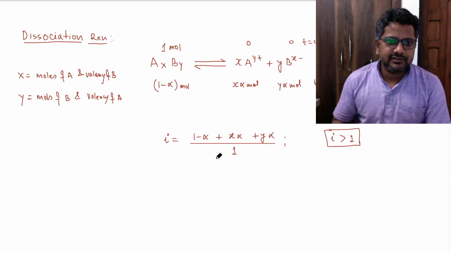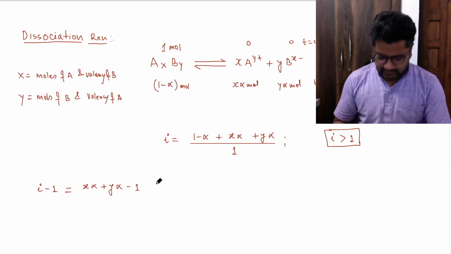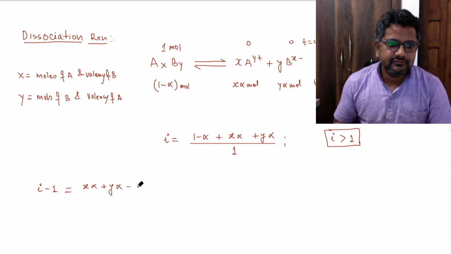So from here you can write i minus 1 is equal to x alpha plus y alpha minus alpha. Taking alpha common, you get x plus y minus 1.